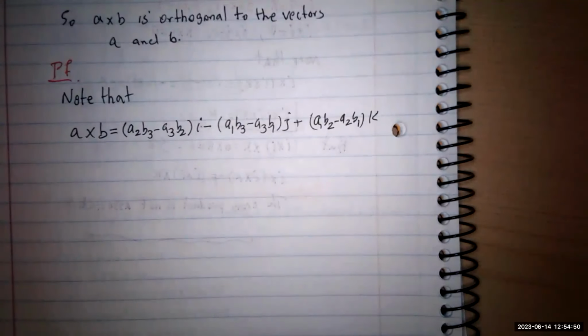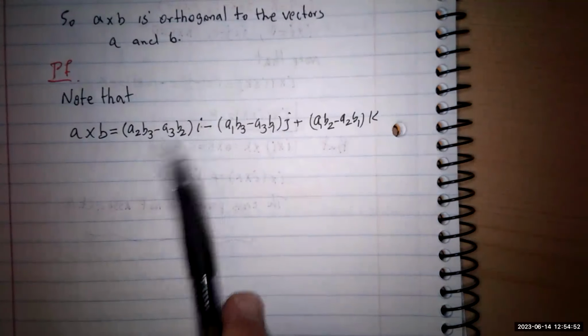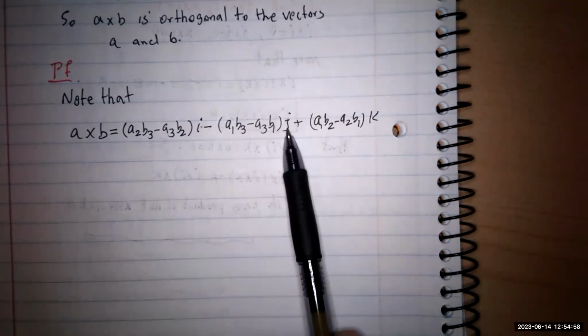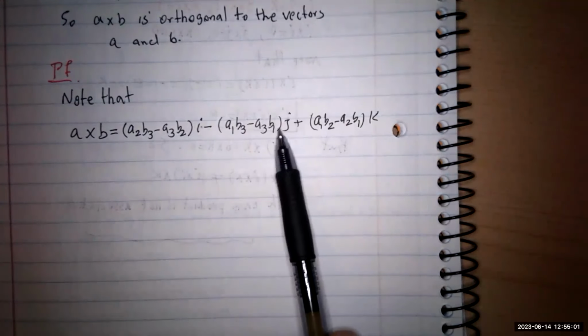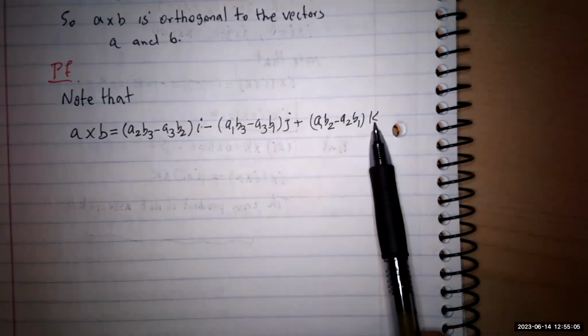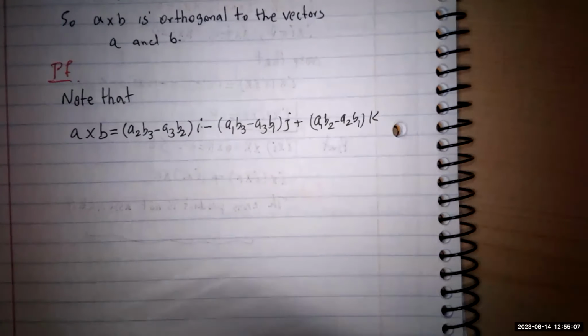That's easy to remember. I is in the first position, so the other two are 2, 3, 3, 2. J is in the second position, so the leftover is 1, 3, 3, 1. And this is the third, so it's going to be 1, 2, 2, 1. And you already got the formulas.